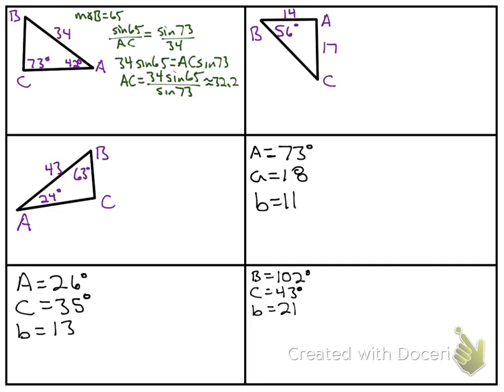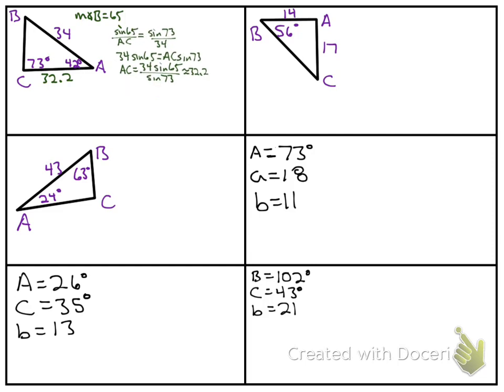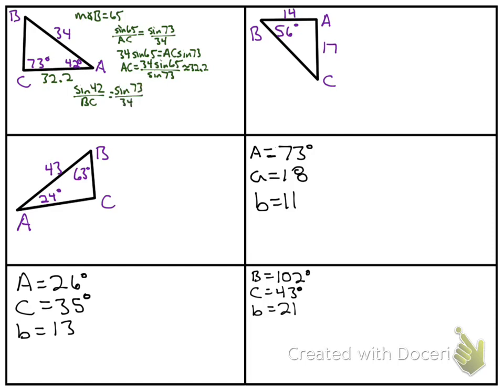Now we can't go in and use the Pythagorean theorem here because it's not a right triangle. It would be nice if it was, and we'd use that, and we'd have other methods to solve in that regard. But we're kind of stuck. We have to go back to law of sines. So again, I'm going to do sine of 42 over BC is equal to sine of 73 over 34.